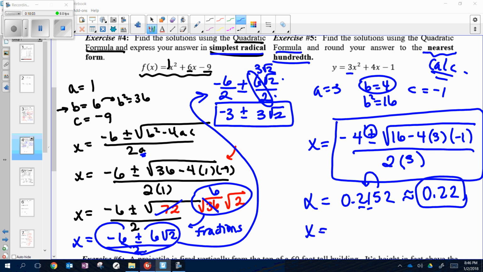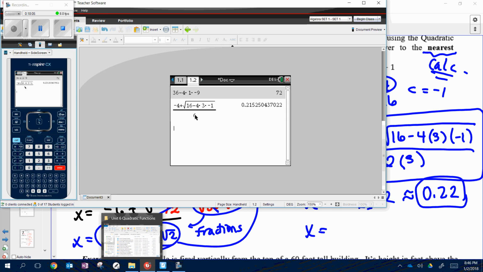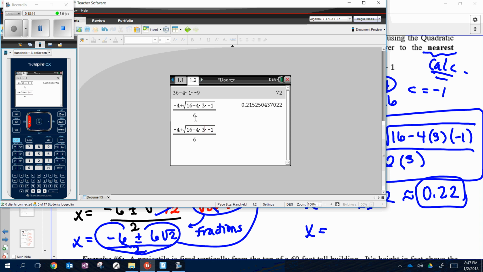So go back to your calculator. If you highlight the mess that you typed in and hit enter, you can tab back or backspace back if your calculator cooperates, get rid of the plus, change it to a minus, and hit enter.